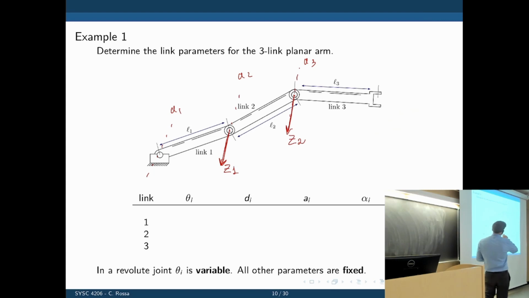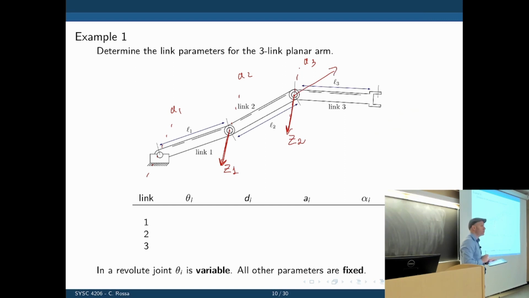Now that we have Z1 and Z2, we can find X2. X2 must be normal to Z1 and Z2, so it will be on the plane formed by them, and it will be pointing towards the next link. So it goes like that.